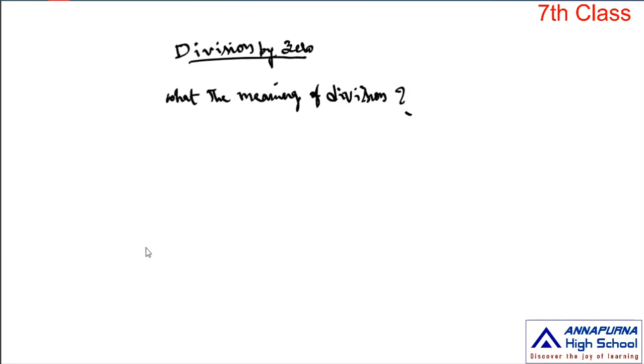As we know, simply, division is the inverse operation of multiplication, and another meaning is that it is a repeated subtraction.